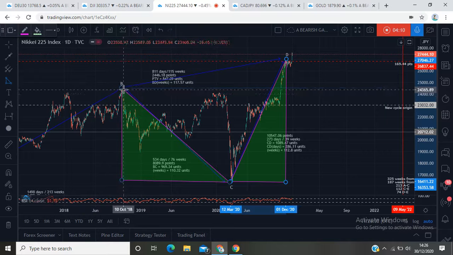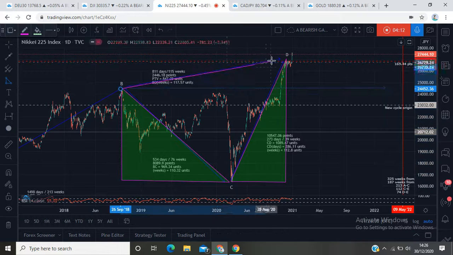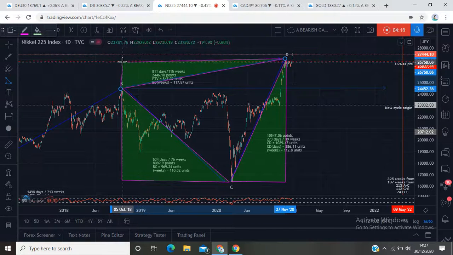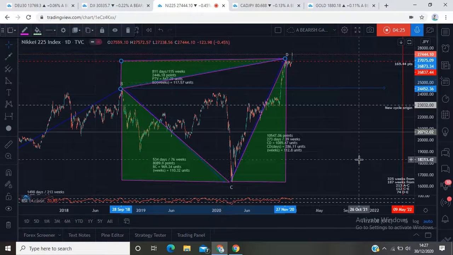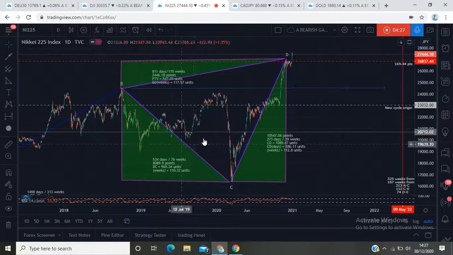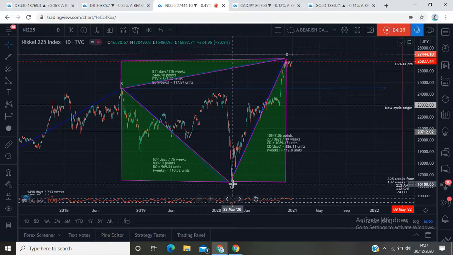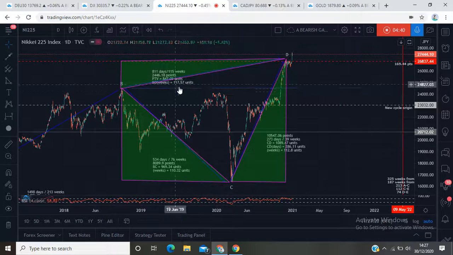Then B to D will be like that. Just a rough sketch, something like this. So in effect, we will realize that this action actually completed in a square structure, and the swings inside the square structure are the third dimensional values that we have just found.